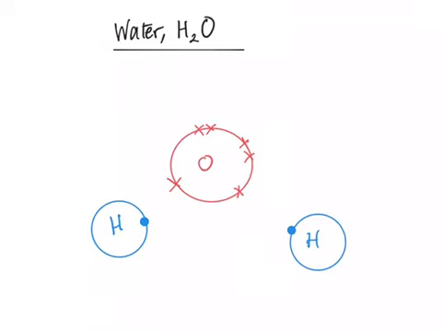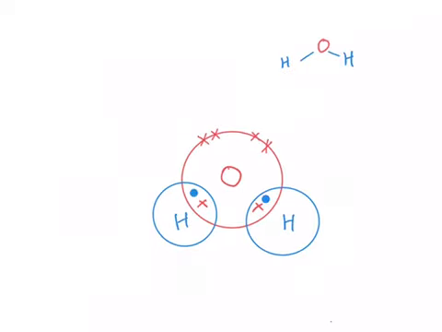If you take water, H2O, oxygen's got 6 electrons in its outer shell, hydrogen has 1. So oxygen needs to gain an extra 2 electrons, or have a share in 2 electrons, to get a full outer shell. The way that it does this is it shares this electron with this hydrogen. This hydrogen then shares this electron back with the oxygen. Same for this one.